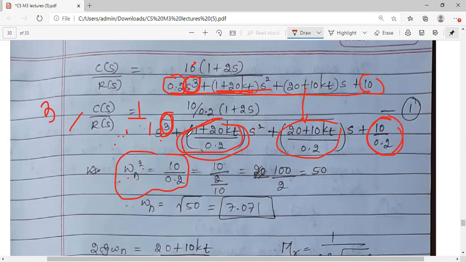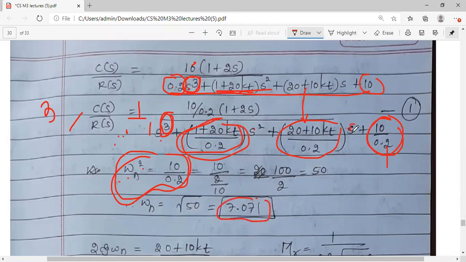Just assuming that even your third order system will look in a similar manner, I will simply take this last as the constant, Wn square, 10 by 0.2. You can simplify, you will get root 50, that is 7.071.